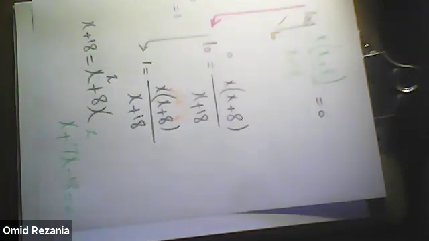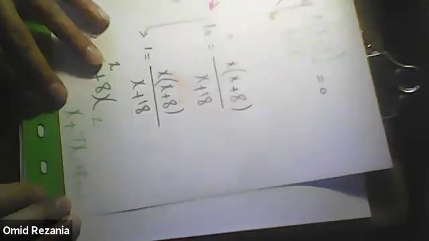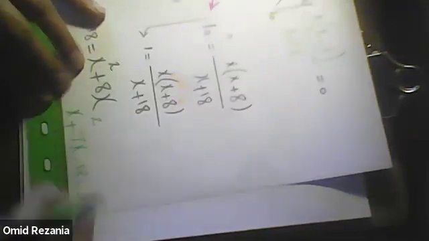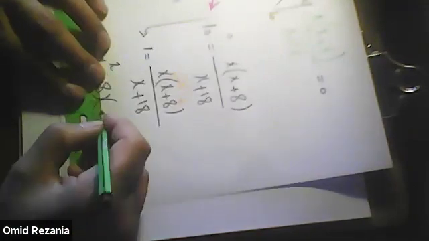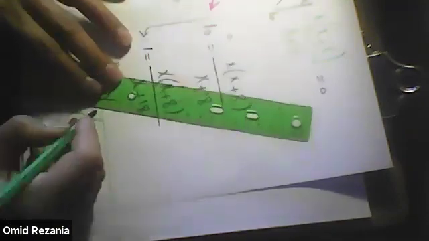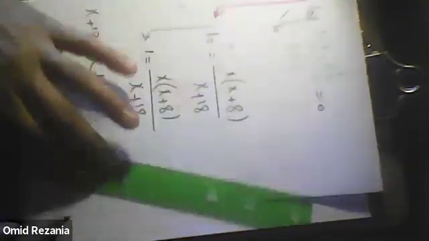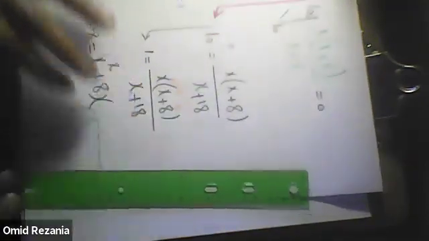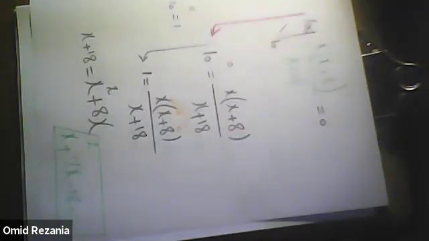Correct? Yes. And there we can stop, because we end up with one quadratic function, which we are so good at solving at this stage.